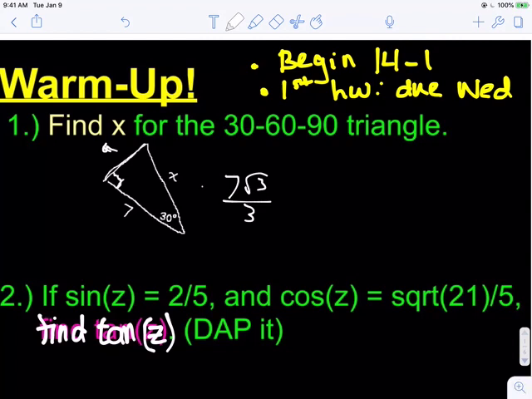And then to find x, it's just times 2. So you times this by 2, and then it's equal to 14 square root 3 over 3.